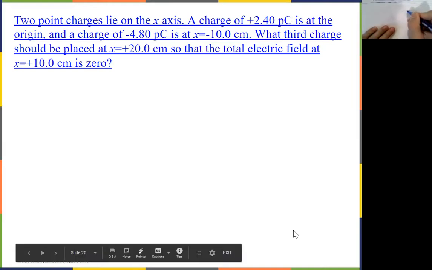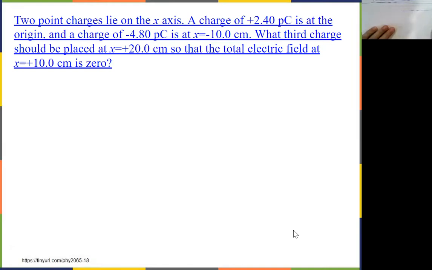So what you can do is draw this x-axis. This is 0, this is minus 10, positive 10, and 20. You have Q1 here at the origin, 2.4 PC. You have Q2 here, minus 4.8 PC. You put a Q3 here. So this is positive, this is minus.